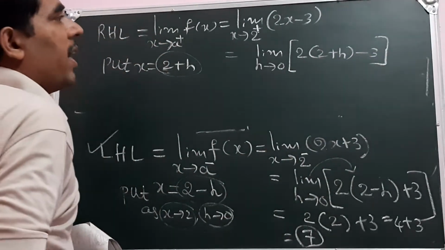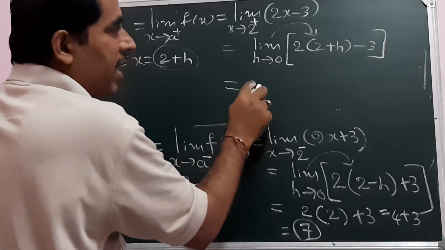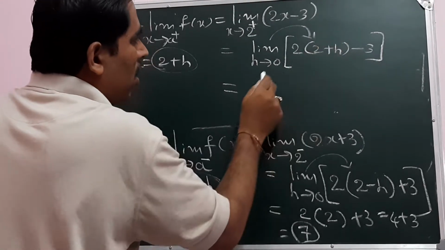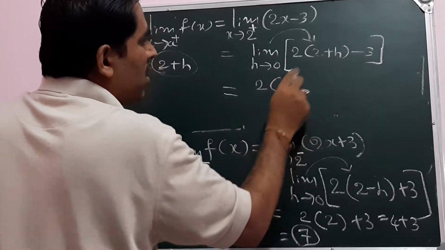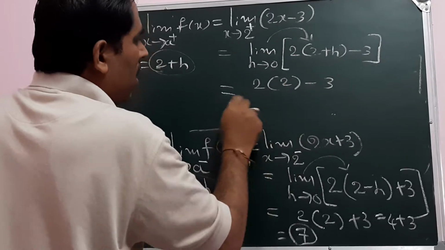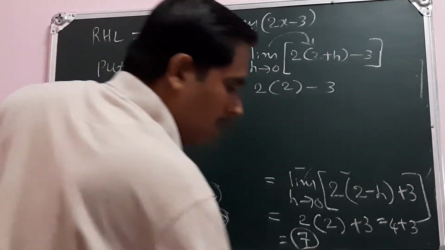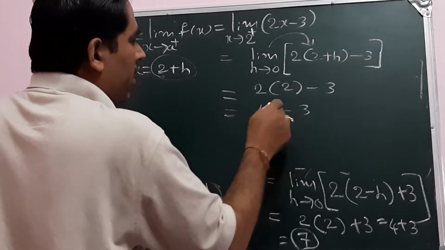Then I will apply the limit, so I don't write limit here. h tends to 0, so put 0 here, 2 plus 0. So this becomes 2 times 2 minus 3, which we can simplify here: 2 2s are 4, 4 minus 3.